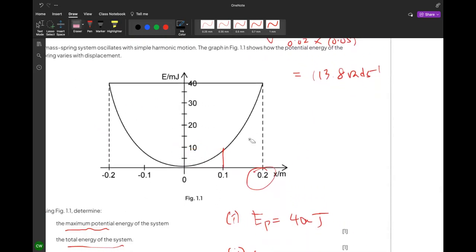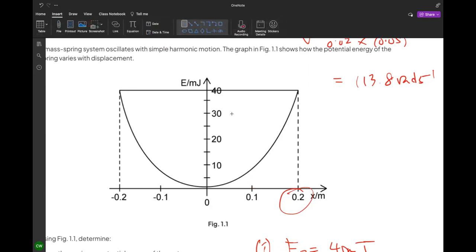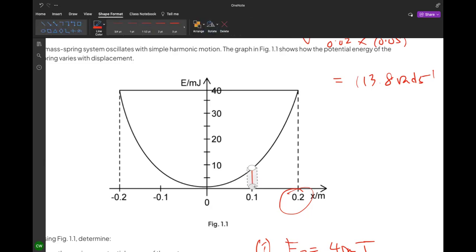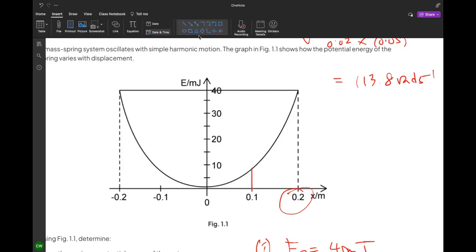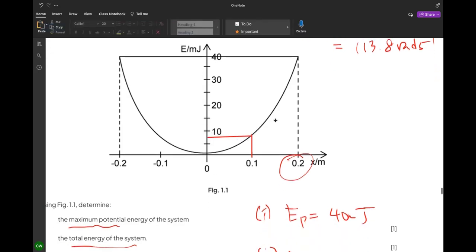You have to see from the graph. Did you print out the graph or not? Okay, let us plot together. It depends on your graph.